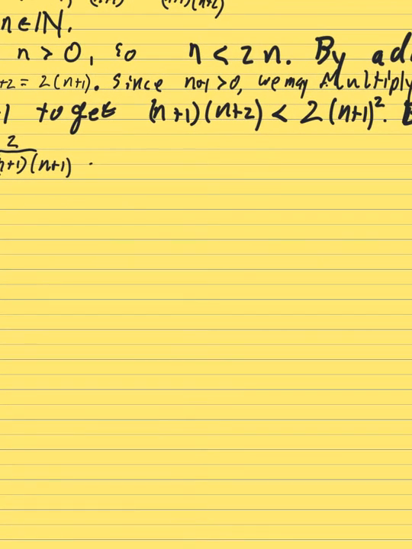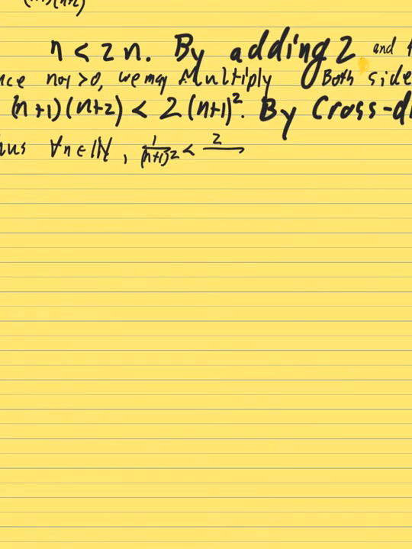And now maybe a concluding sentence. Thus, for all n in N, 1 over (n plus 1) squared is less than 2 over (n plus 1)(n plus 2). Cool.